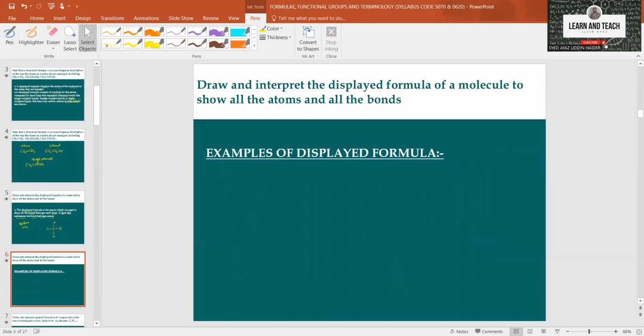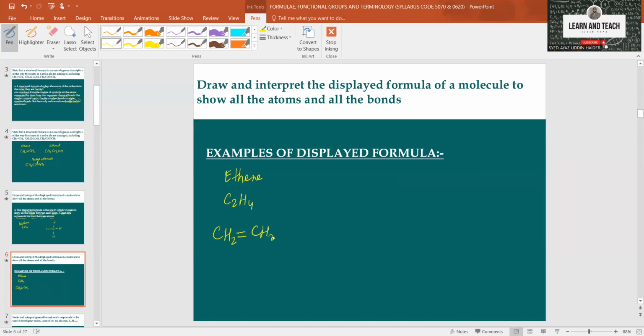Let's have some more examples of this displayed formula. For example, I want to draw the displayed formula of ethene. The molecular formula of ethene is C2H4. And I've just drawn the structure formula of ethene, which is CH2=CH2.